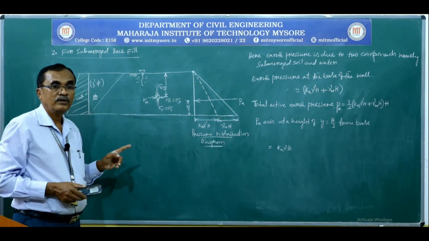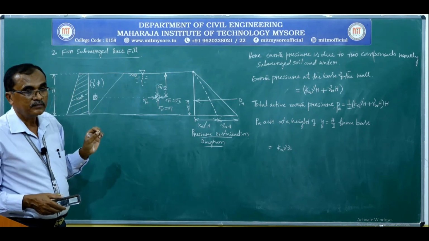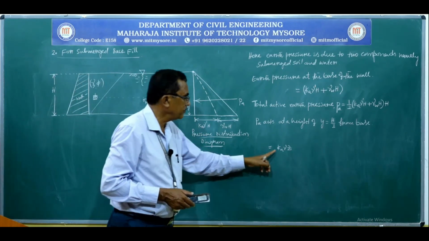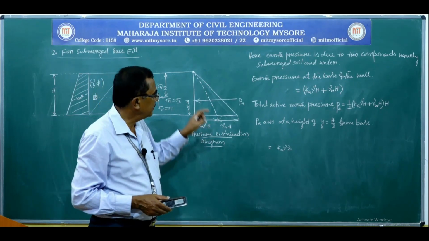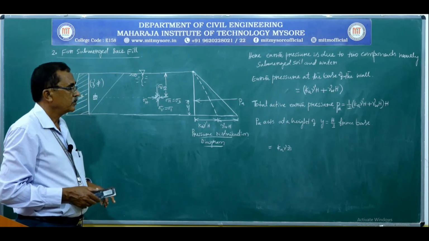Means to obtain the lateral pressure, we have to multiply the coefficient of pressure with the vertical stress at that depth due to the soil.